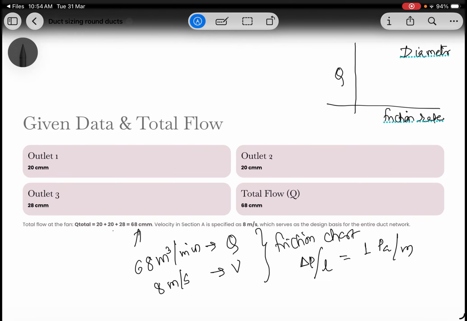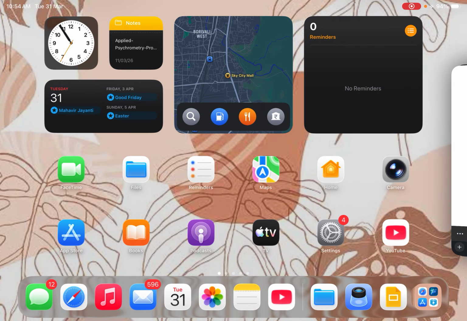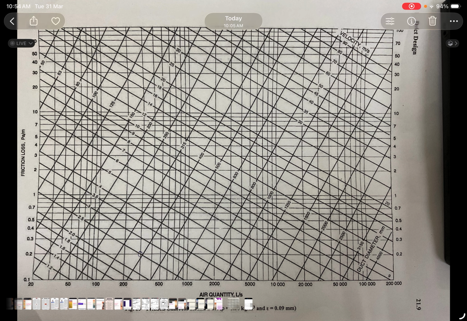So let me show you the friction chart. This is a friction chart. You'll find that the friction loss is on the y-axis, in pascal per meter, and the flow rate, which is expressed here in liters per second, is on the x-axis.